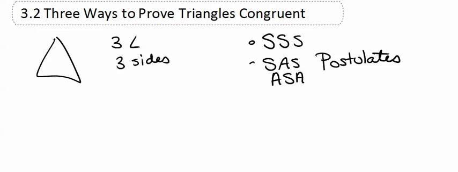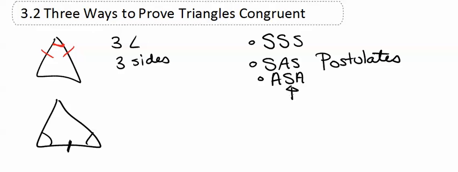In the second one, you need to prove that 2 sides and the inclusive angle is congruent. And in the third, you would prove that 2 angles and the inclusive side would have to be congruent. Please again note that the side has to be in between the 2 angles, just as the angle has to be kind of sandwiched between the 2 sides.